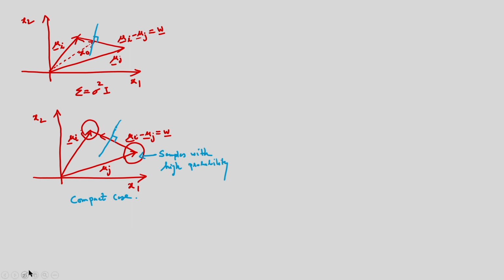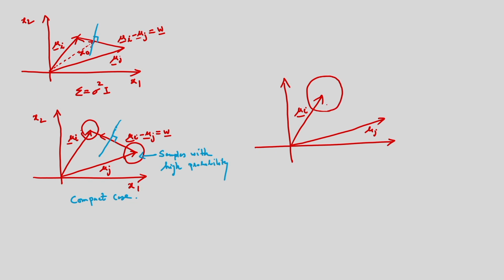So in the non-compact case also I can draw the decision boundary. Again like the previous case, I can draw the mean vector mu i and mu j. And if I consider this is the cluster, suppose the mu j is something like this.